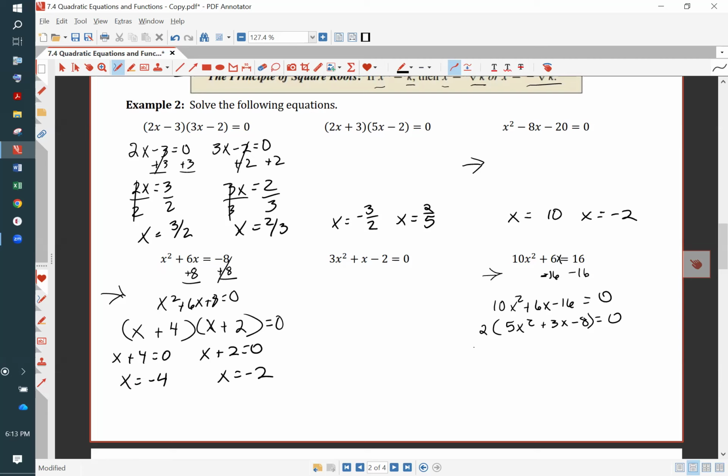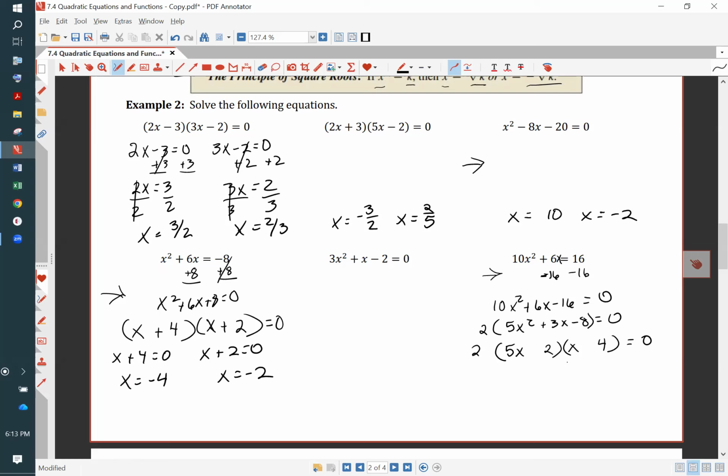All right, and trial and erroring this. I'll try the factors 2 and 4 first to see if any combination of the outers and inners could give me 3.